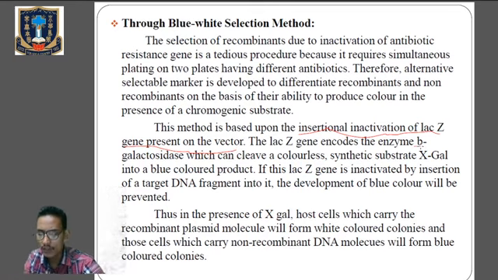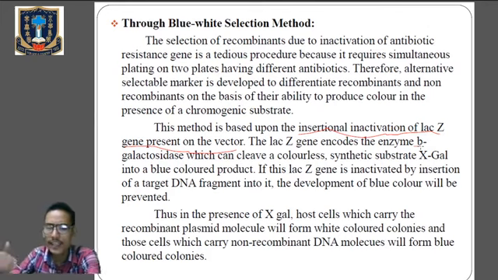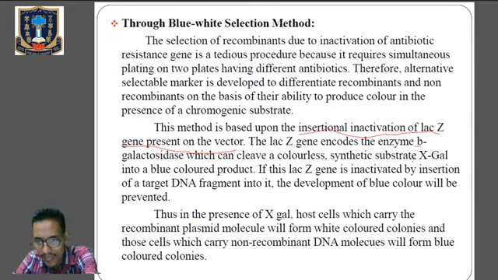Keep in mind, the lacZ gene will encode the enzyme beta-galactosidase, and this beta-galactosidase will cleave the colorless substrate called X-gal. When this enzyme cleaves the substrate X-gal, it will give a blue colored product.